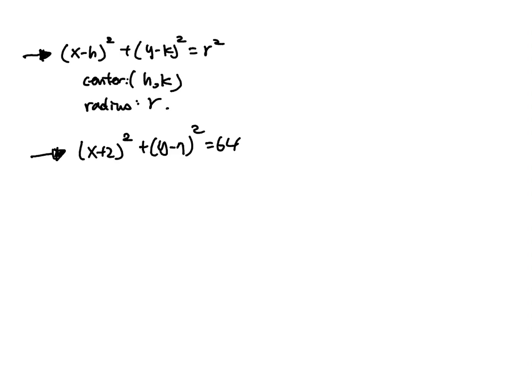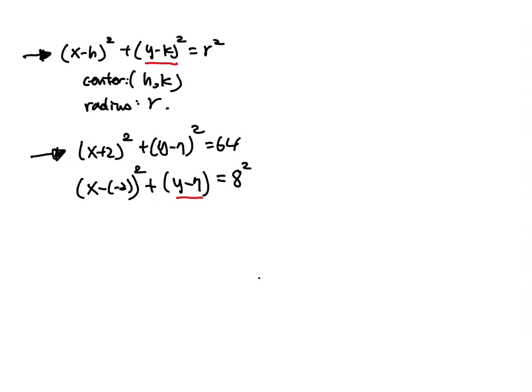So instead of x plus 2, I'm going to write it as x minus negative 2, plus y minus 7. I don't need to rewrite anything there because that's already a y minus k. Instead of 64, I recognize that's 8 squared.